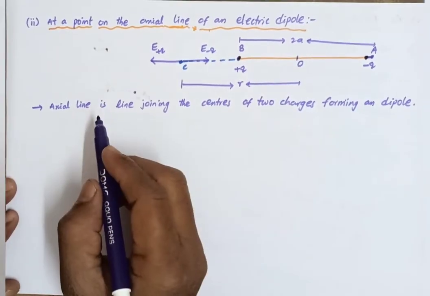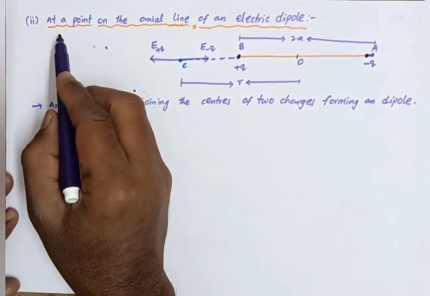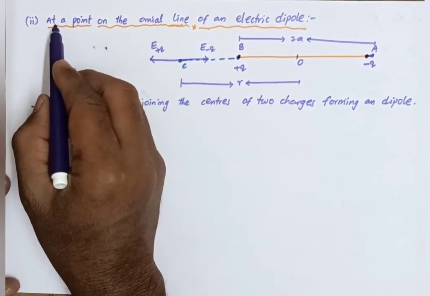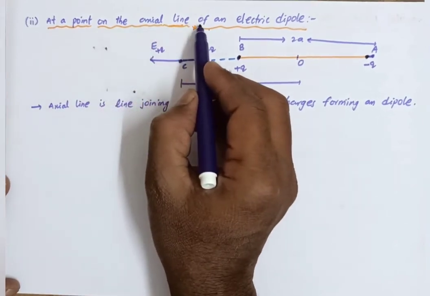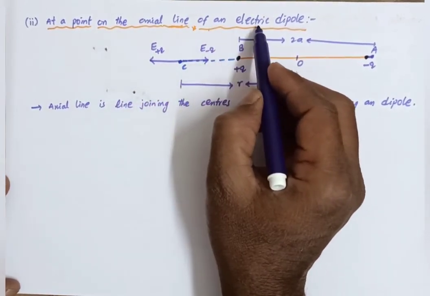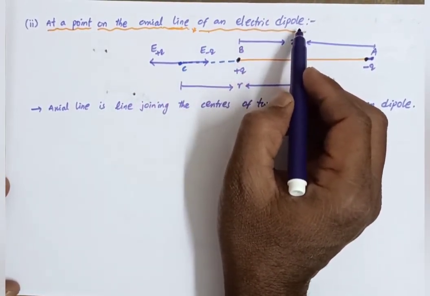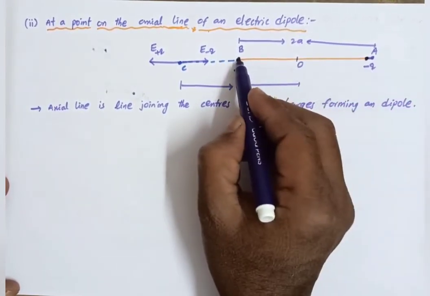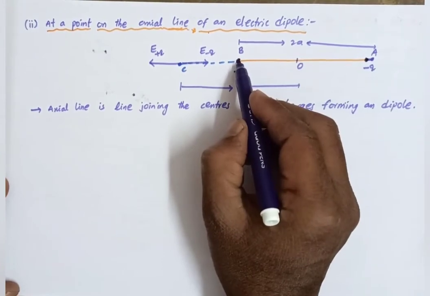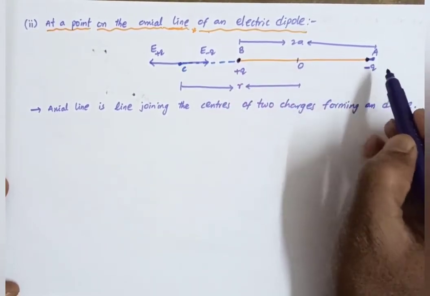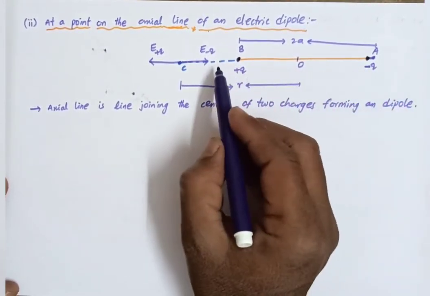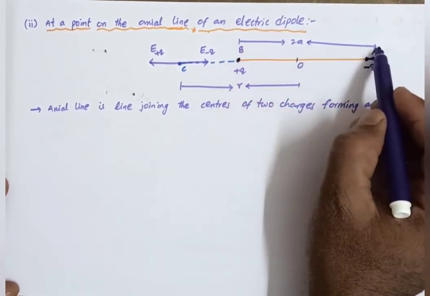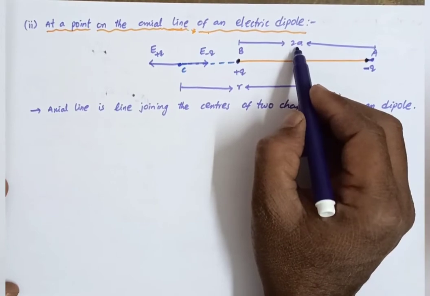So now the next topic is electric field due to the electric dipole at a point on the axial line of the electric dipole. We consider electric dipole AB. At point A is charge minus Q. At point B it is plus Q. These are separated by 2A distance.